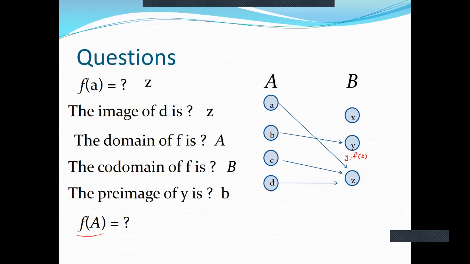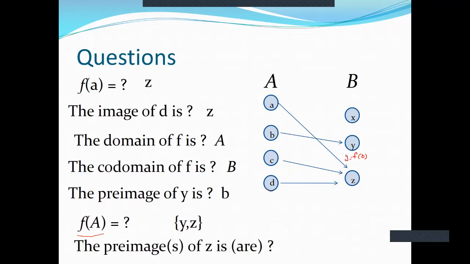So these two elements are the range, the function f of A. All right. Z is mapped by multiple members from A, so the pre-images of Z are A, C, and D.